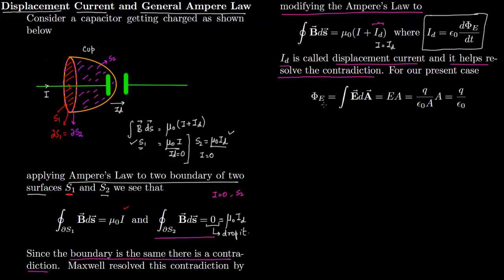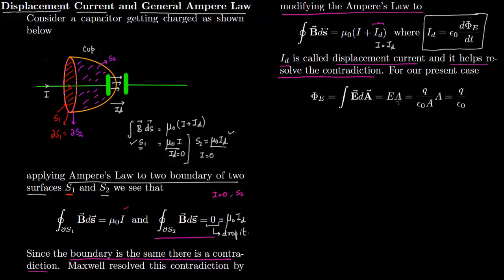So the flux is given as integral of E vector times dA vector. The angle between them is 0, so you get EA, because we are taking just directly here.